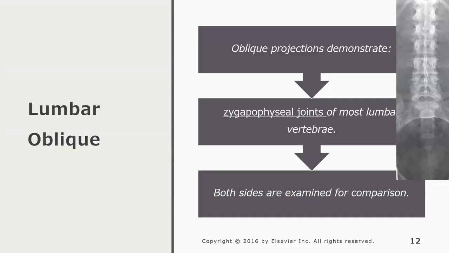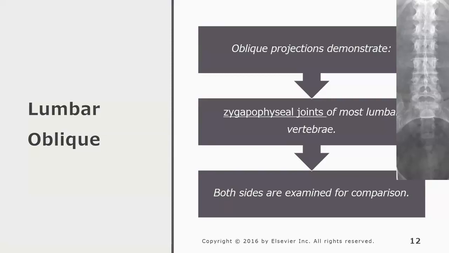Now, I've always said anything you do AP, you can do PA, correct? It's a matter of figuring it out. And it's true with the lumbar. But normally, we do all of our obliques AP because we start off with the patient supine on the table, and then we roll them right and left and then lateral.